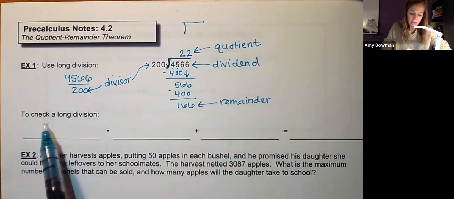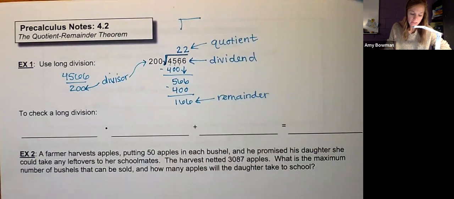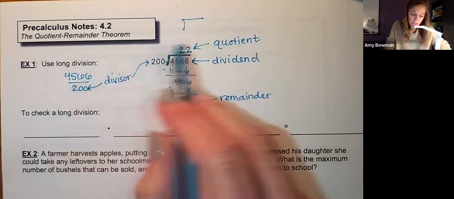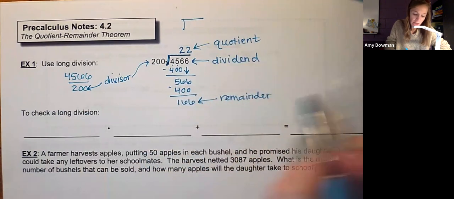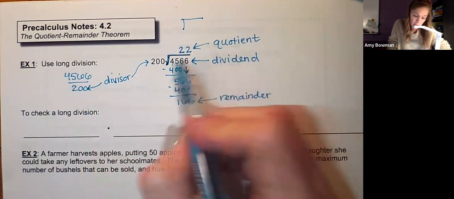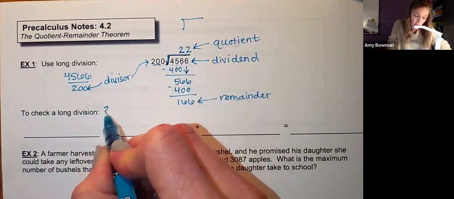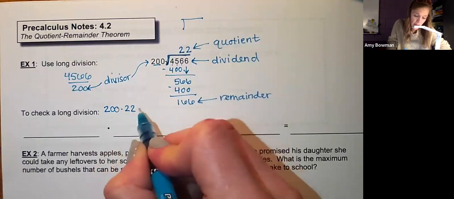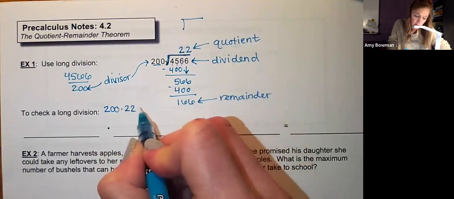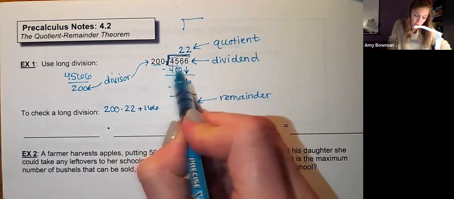Next, how do we check long division? To check to see that this would be correct, there's a relationship between all of these things: the divisor, remainder, dividend, and quotient. To check it, I would multiply 200 times 22, and then add the remainder, and that should add up to my original dividend.